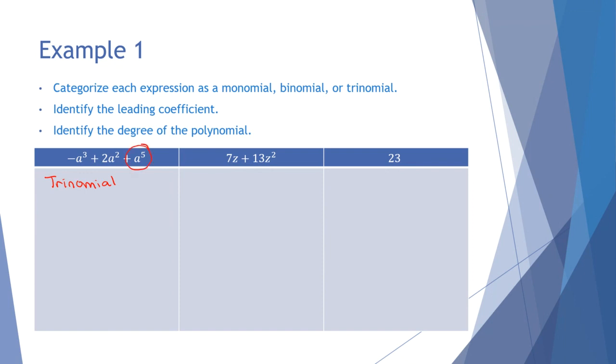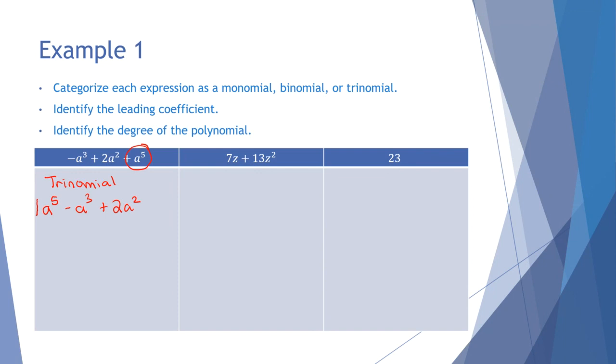So this is not in standard form. If we wanted to put it in standard form, we put that first, and then we would have the minus a cubed and then plus 2a squared. So the leading term has the highest exponent, that's a to the 5th. There's no coefficient, so we can put a 1 there.